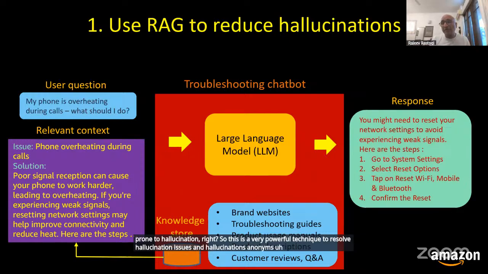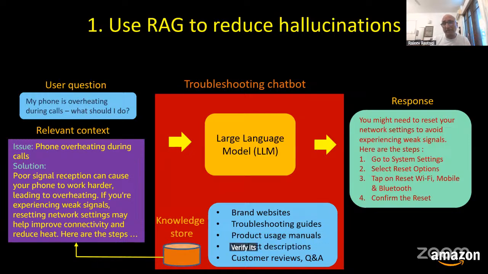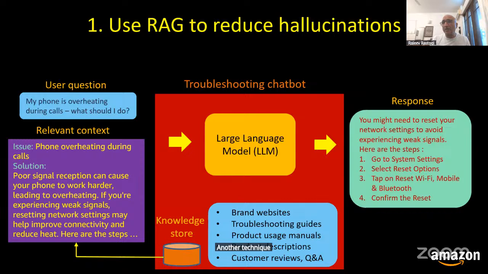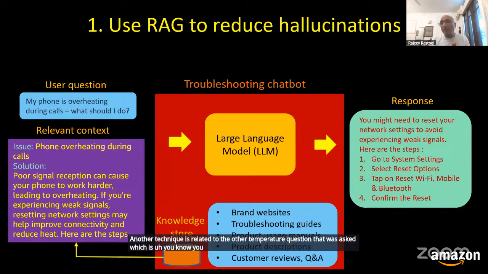Self reflection is something that I talked about earlier, also, right? Self verification, having the LLM itself verify its response, is another very powerful technique to handle hallucination that we use. And of course, another technique is related to the temperature question that was asked, which is, you can have the LLM sample a number of responses, and then see whether there is consensus amongst those responses.